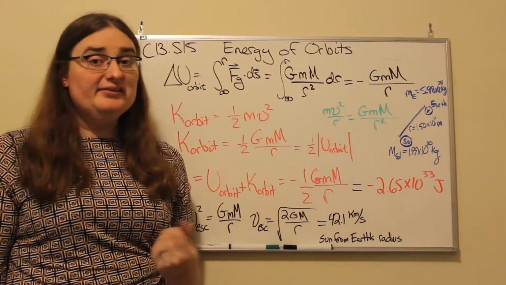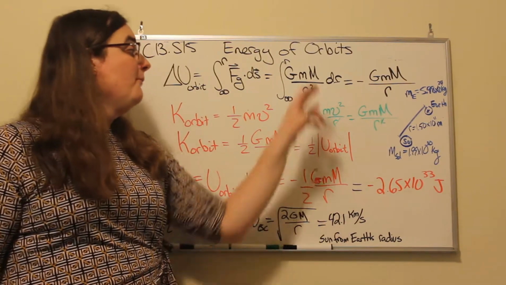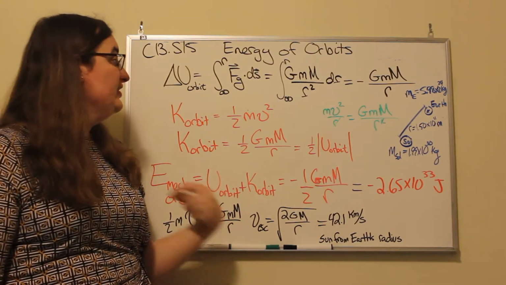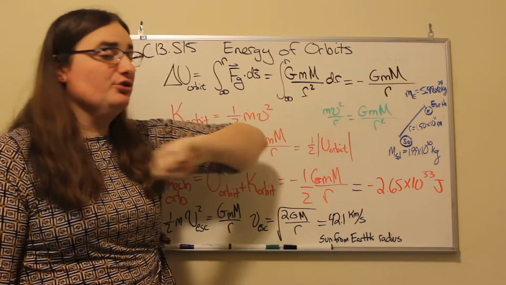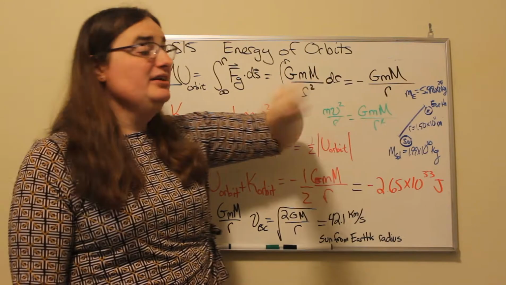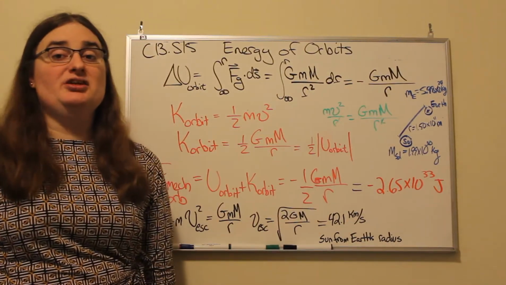And our path would just be along some change in radius, so our integral will give us a potential energy of minus the universal gravity constant times the mass of our object in orbit times the mass of the object being orbited divided by the radius of the orbit.